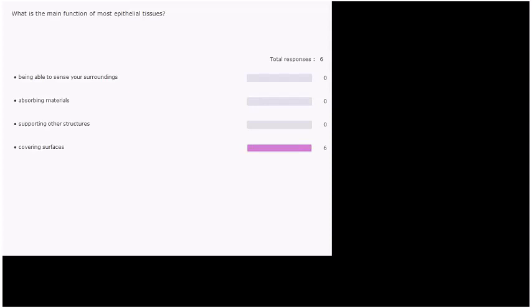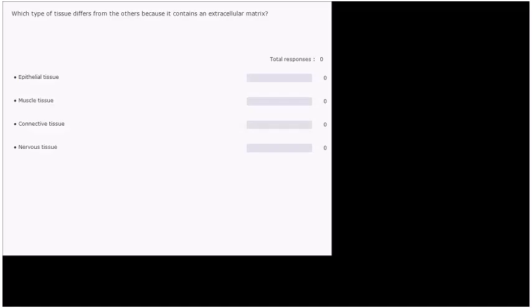All right, I don't remember what question that was. Was that one 4? Let me see if I can find 5. So this one is, which type of tissue differs from others because it contains an extracellular matrix? Is it epithelial tissue, muscle tissue, connective tissue, or nervous tissue?